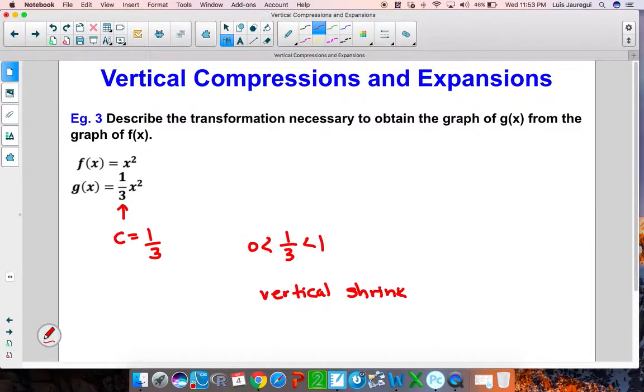But in terms of compressions and expansions, we can describe this transformation as a compression. So we would say, let's compress vertically. And remember, for compress we take the reciprocal, so by a factor of 3.